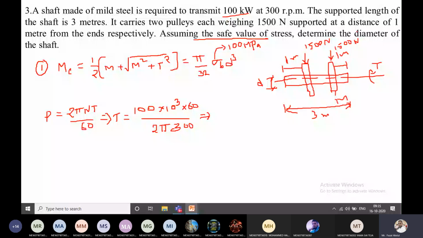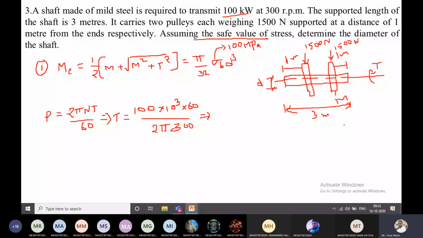Okay, such a diagram you also need to represent in the examination. Whatever data and parameters are given in the question, read them properly and draw the diagram. Especially for the design of shafts, diagrams are most important.